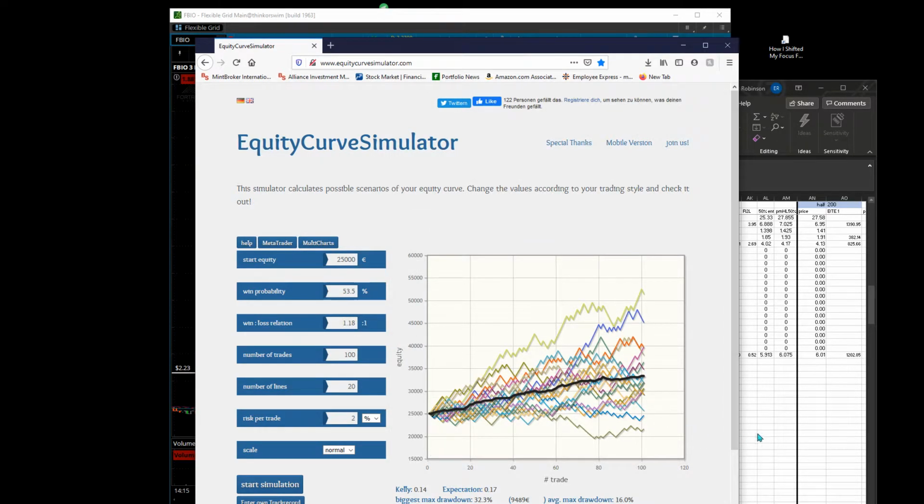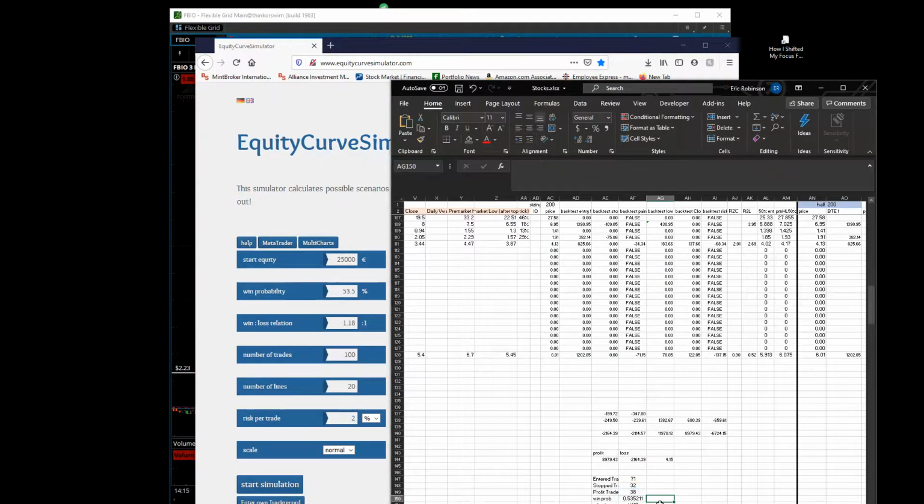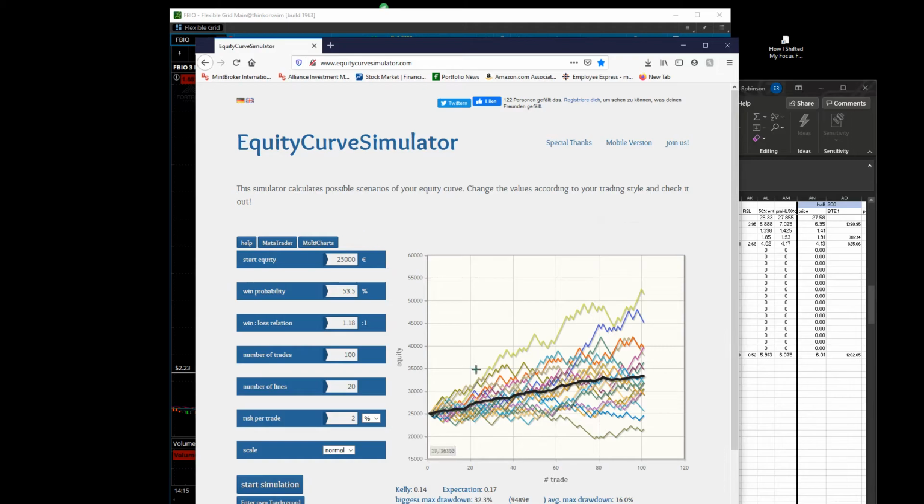Your win-loss ratio is the profitable trades divided by the stopped out trades. Number of trades is 100, which just means out of 100 trades, what's the average going to be? And 20 lines is just 20 iterations.